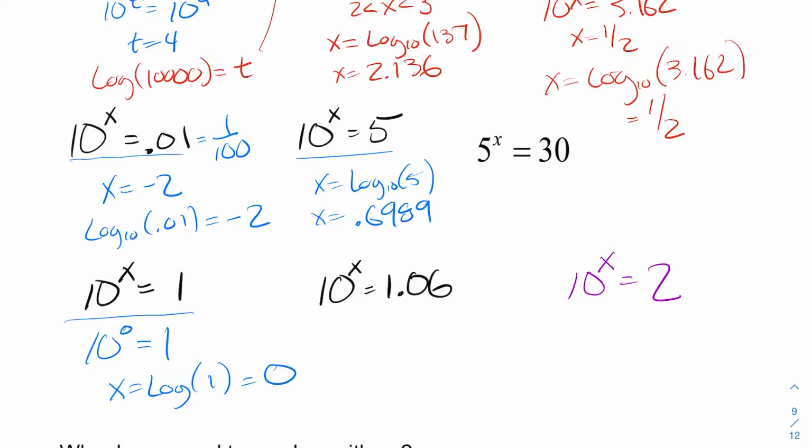Last one, we'll do two of them quickly here. x equals the log base 10 of 1.06. That's just telling you what is the exponent you have to raise 10 to get 1.06. And let me do it quickly on my calculator here. 0.0253. Or the last one, this 10 to the x equals 2.